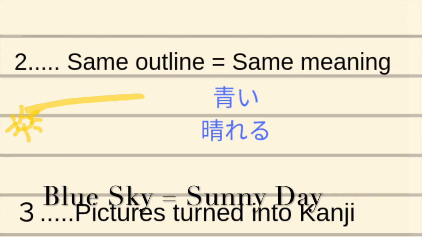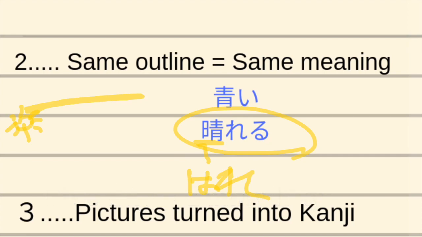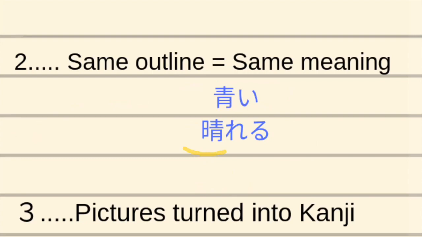So this kanji means hare, or fine weather, clear weather. So this is how we can remember the kanji for hare and aoi. If you look at these two kanjis, since they are almost similar, they have the same outline, that is, the meanings are almost similar, or one meaning derives the next meaning. This is the second rule in remembering the kanjis.